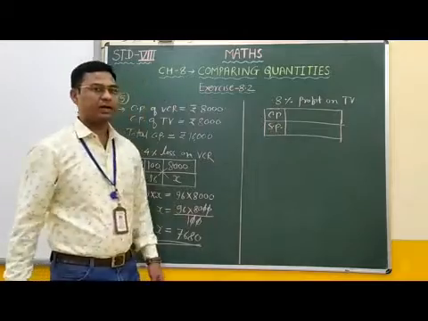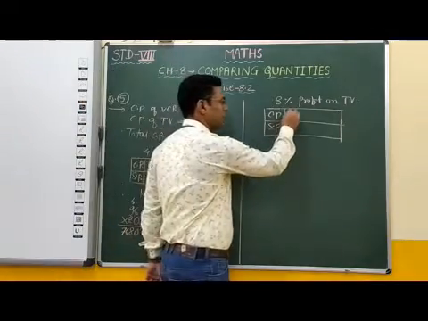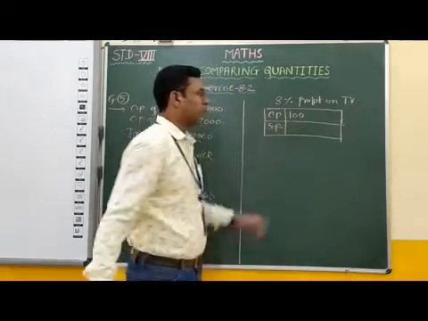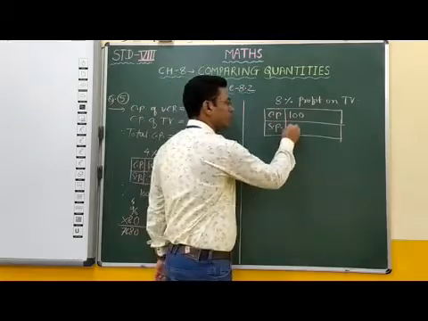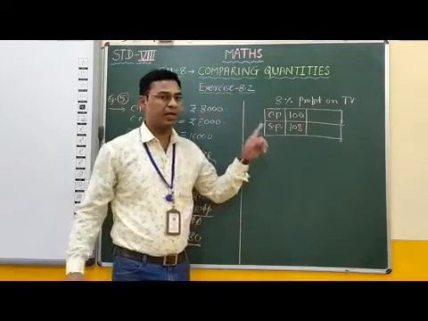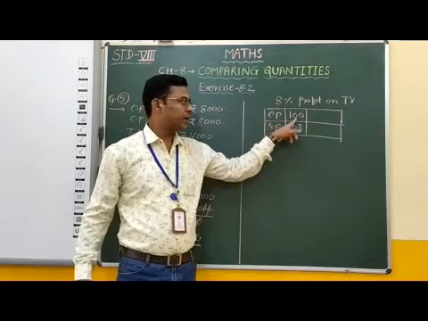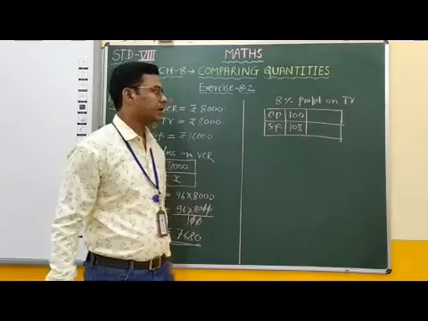Students, if you consider cost price of TV rupees 100, therefore with 8% profit, its selling price is rupees 108, because here profit, therefore here we have to add 8 in 100. Therefore 100 plus 8, 108.